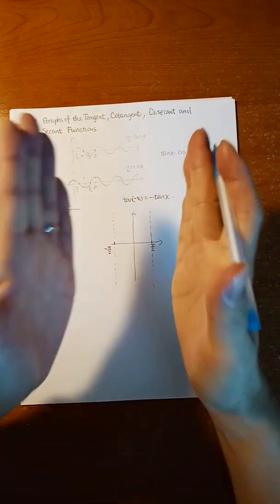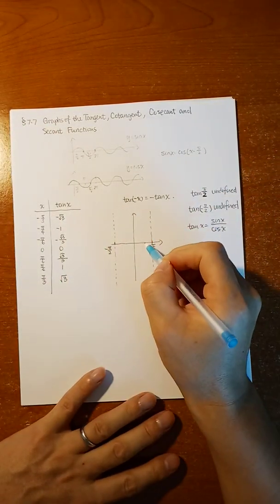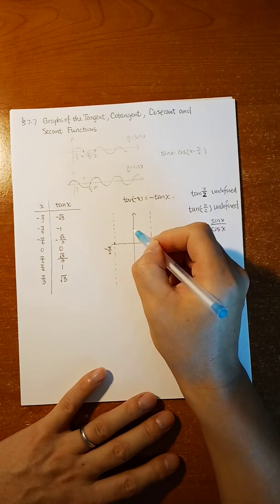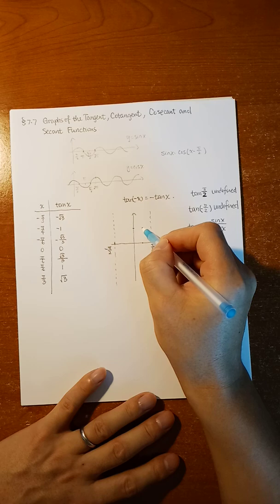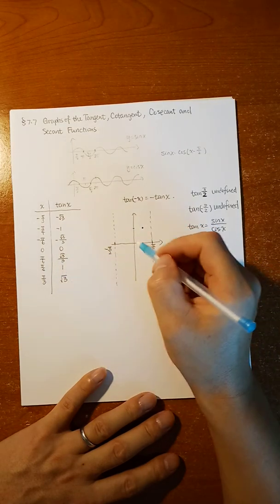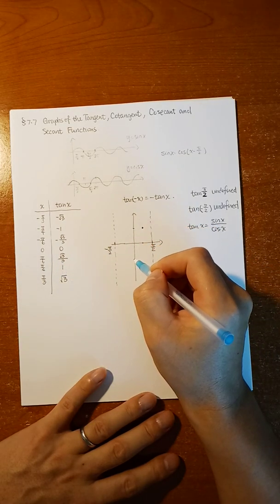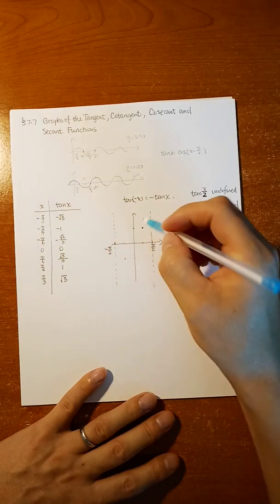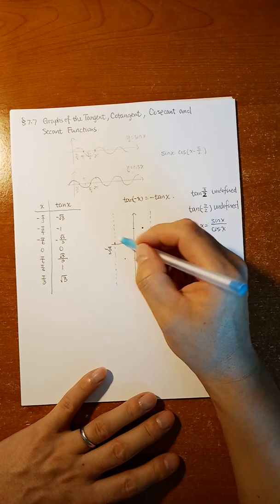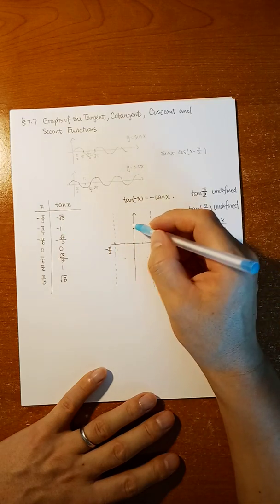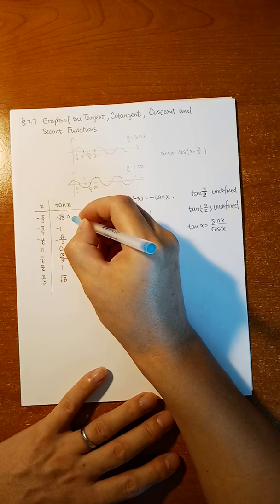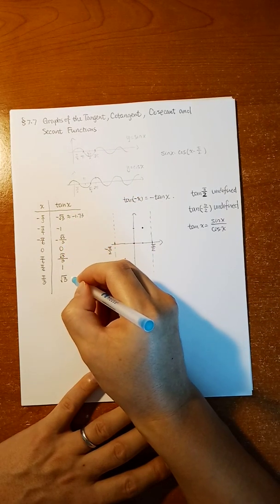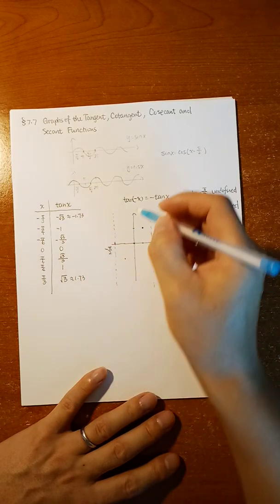Now we draw two walls. And let's check. Tangent of pi over 4 is 1, it is here. Negative pi over 4 is negative 1. And the other values are irrational, so we just try to estimate them. At 0, it's 0. Root 3 is about 1.73, which is less than 2.